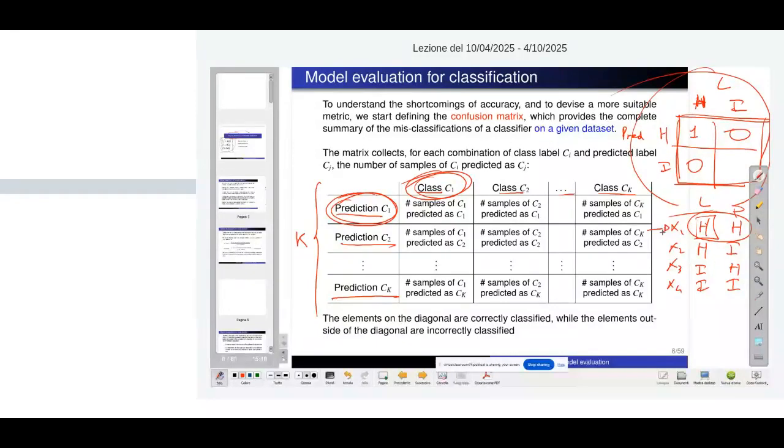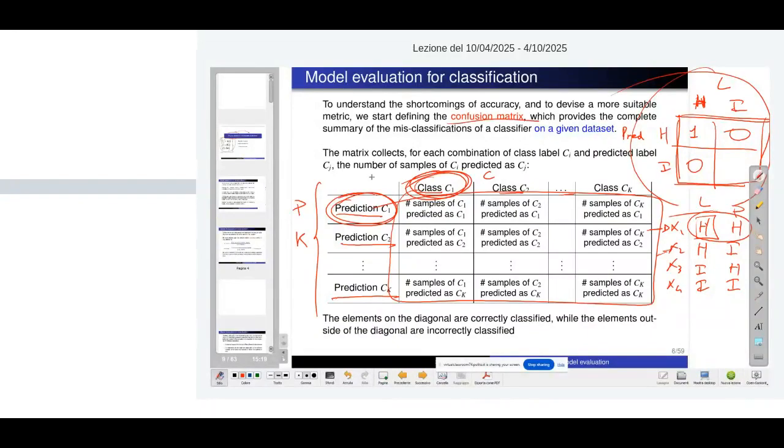And I can repeat for all combinations. So for each class C and prediction P, I will have a combination: the sample is from class C and it was predicted as P. I count how many times this happens and I fill this table, this matrix, with all these values. This is called confusion matrix.